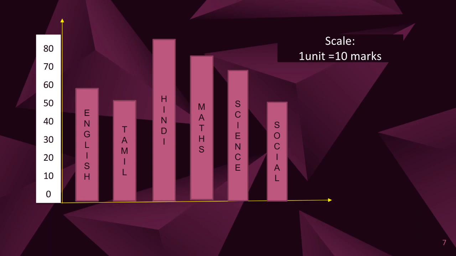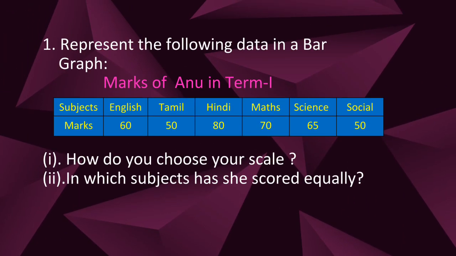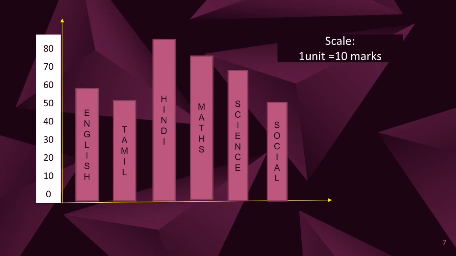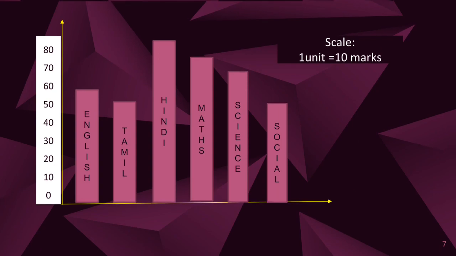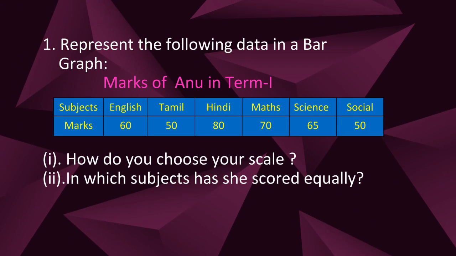Next, the Tamil mark is 50. So from 0 to 50 you have to draw your bar and write Tamil in it. Like that you have to enter all the marks. Hindi 80, Maths 70, Science 65, Social 50.